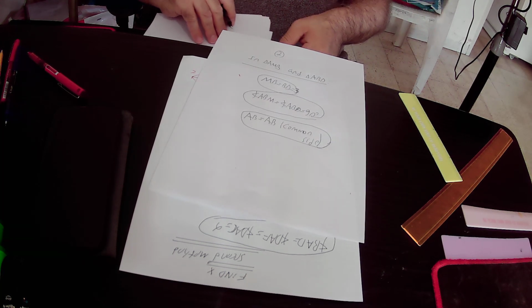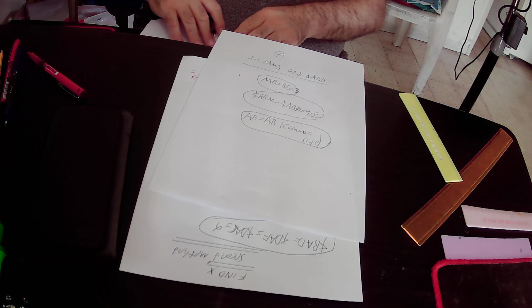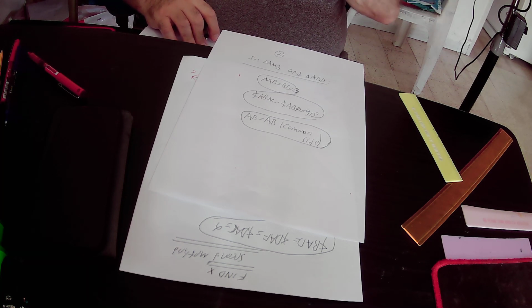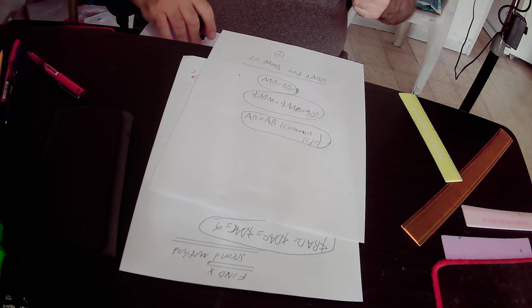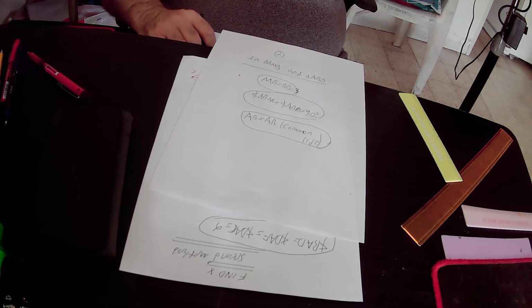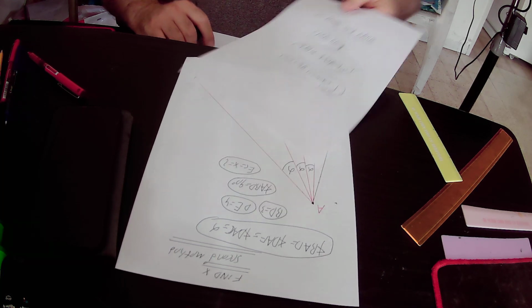So we actually proved that triangle AMB is congruent to triangle ABD according to the side angle side rule. Okay, I'll write it down.